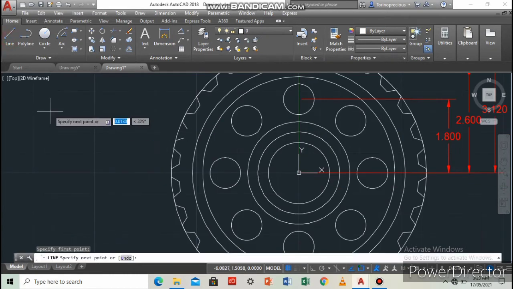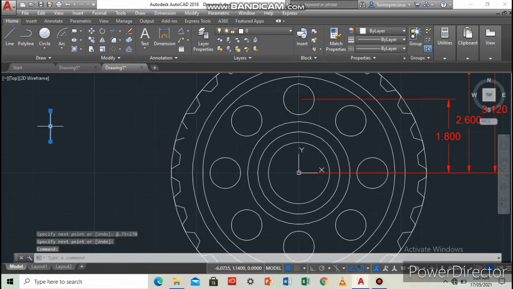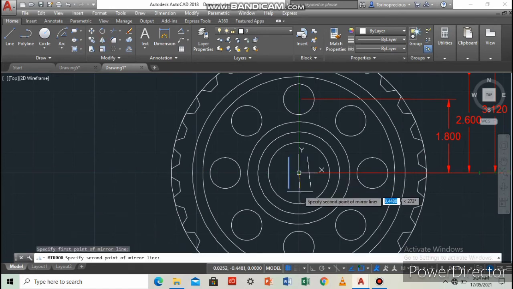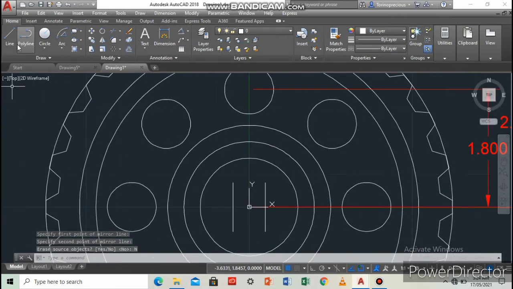So next, let's create a vertical line with a length of 0.75. So these two lines must be half an inch away from each other.